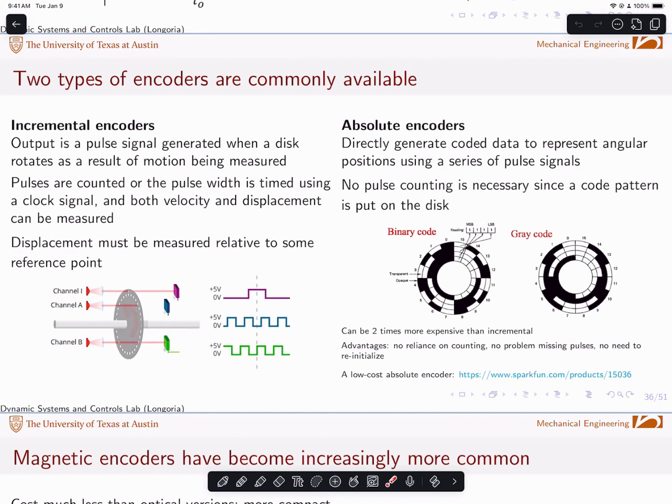As this disc is rotating, you can measure in a receiver the pulses, and by knowing the distance between these holes, you can say something about how many divisions you have, say, in a rotation.